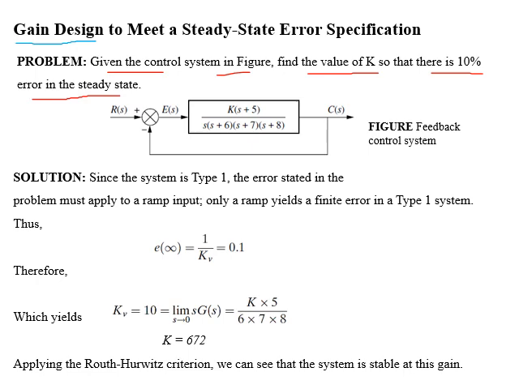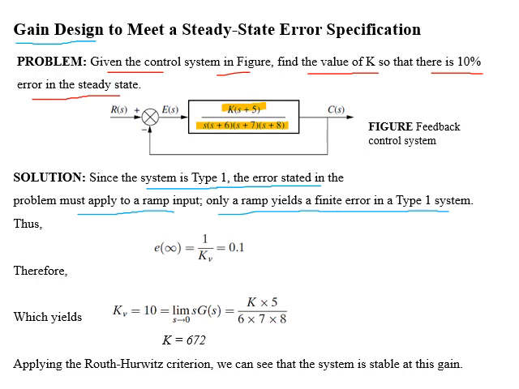Students, if you look at the forward path transfer function, it is a type 1 system because it has one integrator in the forward path, and the error relation in the problem will be for ramp input, because for ramp input we will have a finite steady state error for type 1 system.